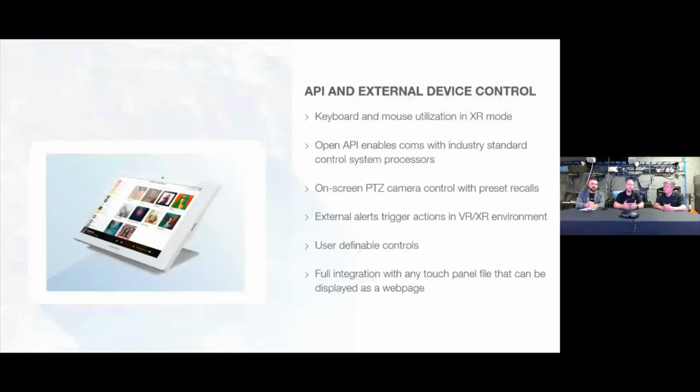And because of the native browser integrations with both Unity and Unreal, we're able to use that functionality. In our lab, it's Crestron, so it's going to be an X panel that pops up in that page, and you can have the exact same touch panel that you use in your control system environment appear in the head-mounted display, and it functions in exactly the same way that it would in the web browser.